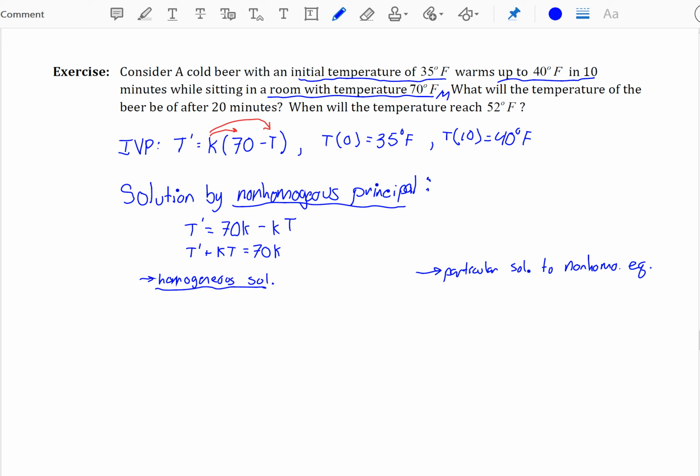So we'll do these in pieces. Let's first look at the homogeneous solution.